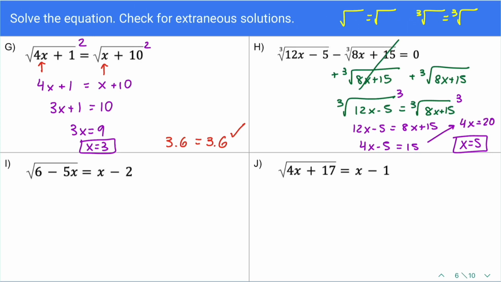Go out of the radical. Subtract, I'm just doing the original problem in my calculator. Third root of 8 times 5 plus 15, and that was equal to 0, which it should have been. So since 0 equals 0, that is not an extraneous solution, and that solution can stay.